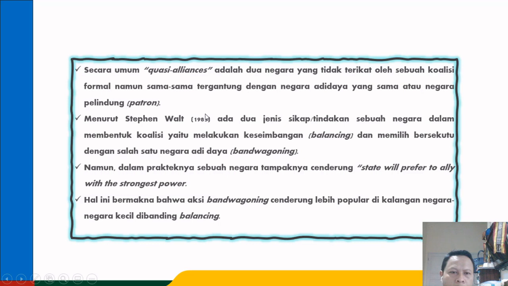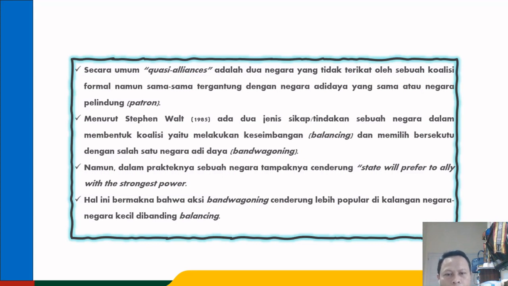According to Stephen Walt, there are two types of coalition or alliance: how the countries respond to the international situation. They have two options. One is to balance, and the second is to follow one of the major powers.